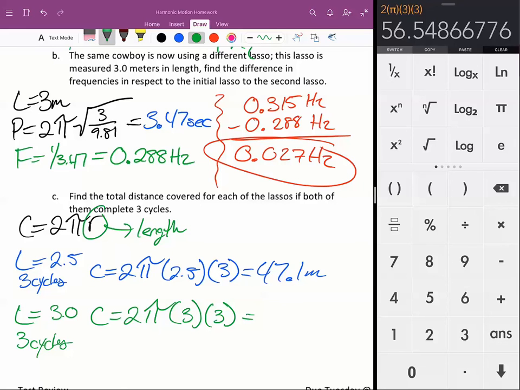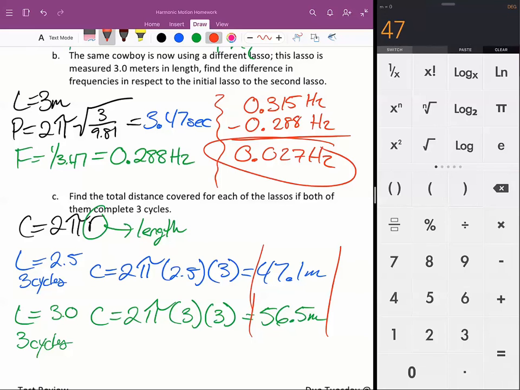You add up both of these numbers together, and you have a total of 103.6 meters.